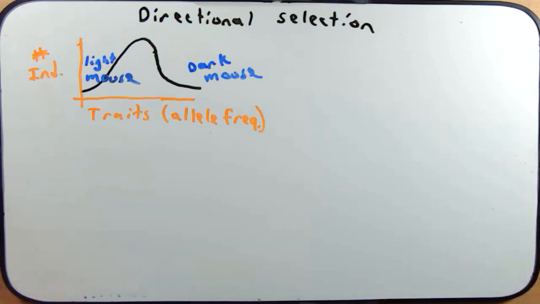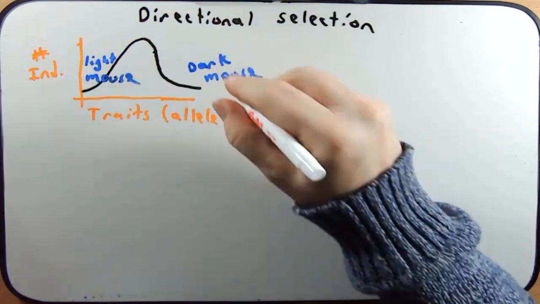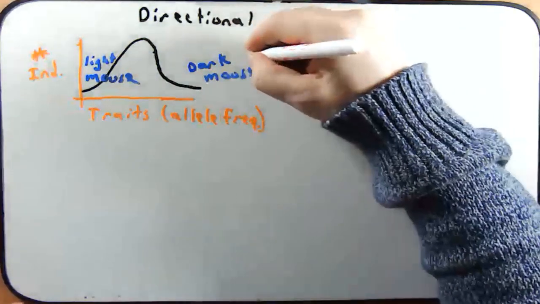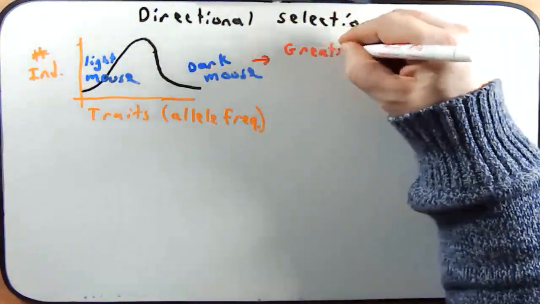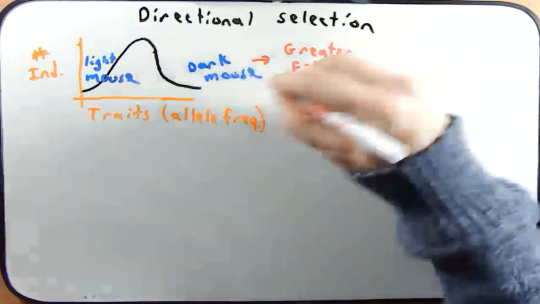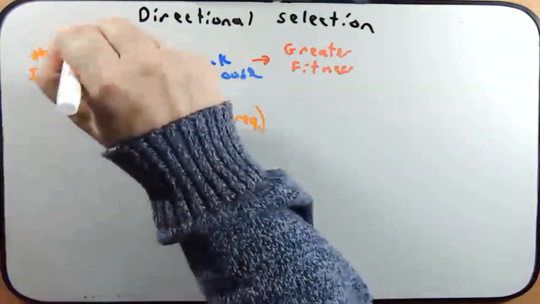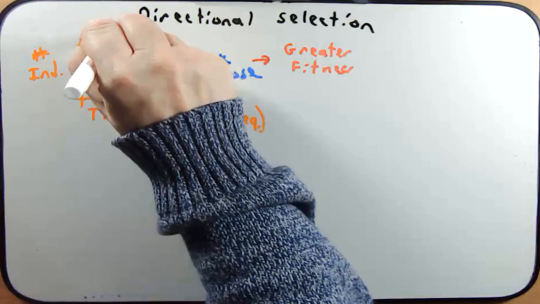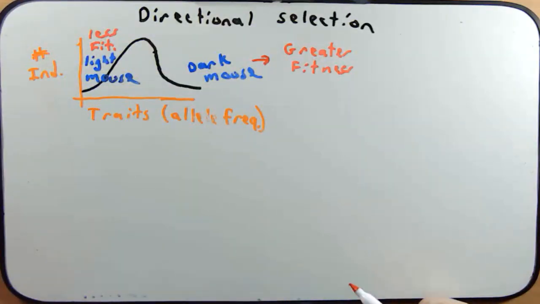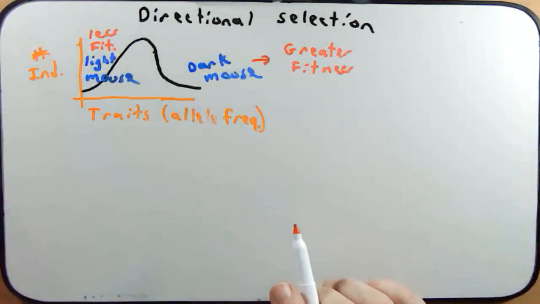Now, let's say something happens in that population and the dark colored mice have greater fitness, and the lighter colored mice have less fitness. Remember, what we mean by that is, in this particular population, the darker mice have a greater ability to find mates and to reproduce and to have progeny that survive. When that happens, we see a directional selection.